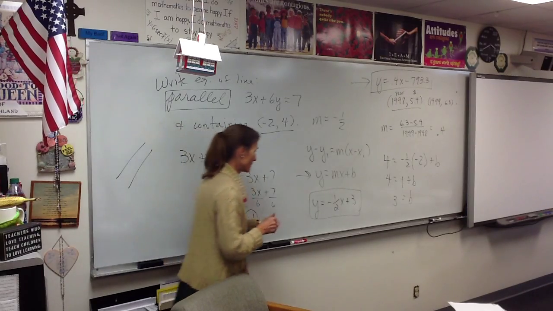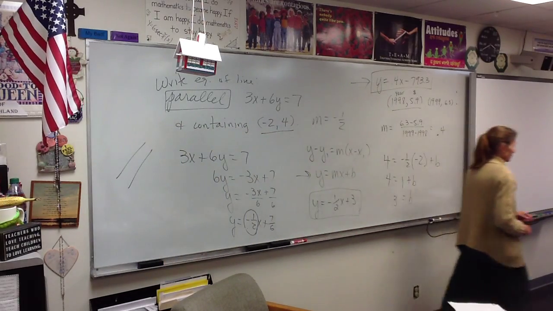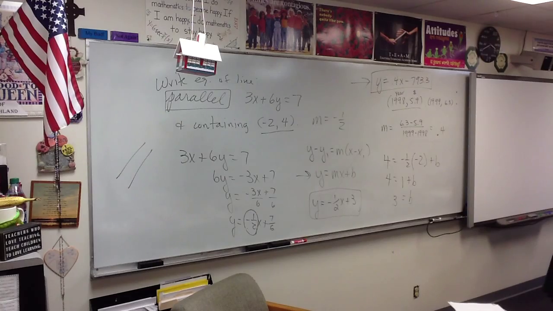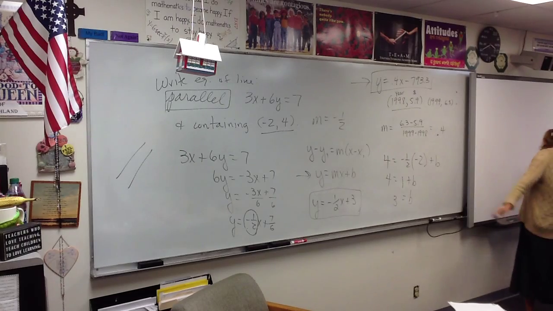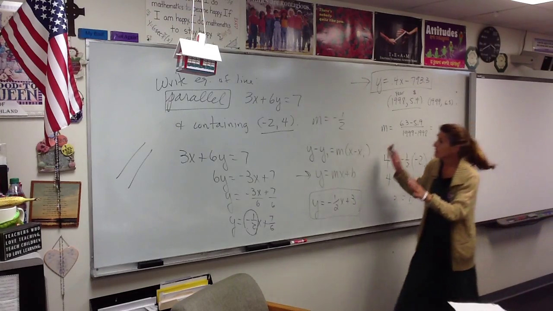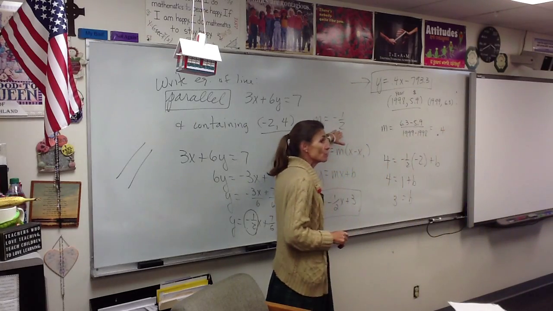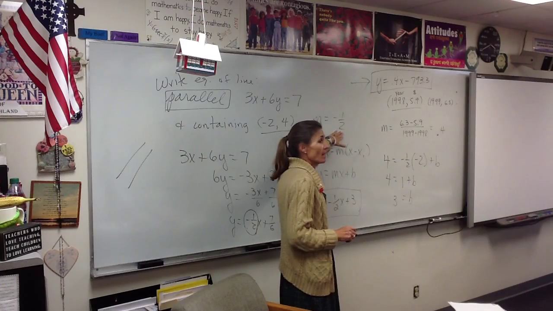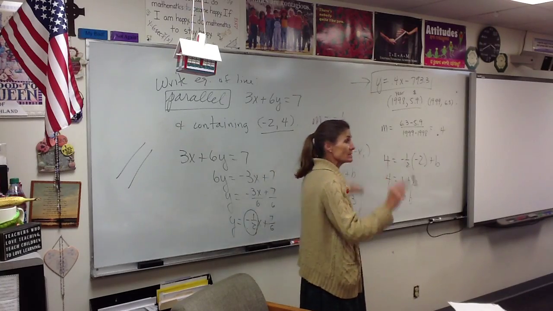All right. Ashley, what's your question? 43, but the B part? Okay, it's exactly what we just did, except you use the opposite reciprocal slope. So I would do everything I just did, only instead of using the slope we had, I would do the opposite reciprocal.